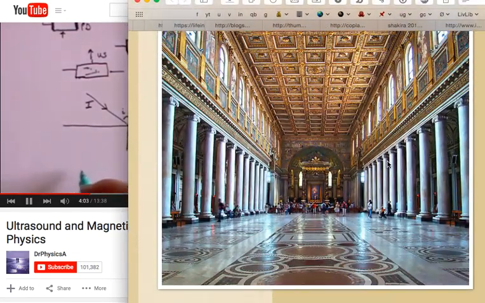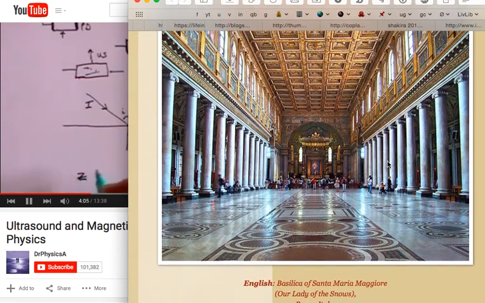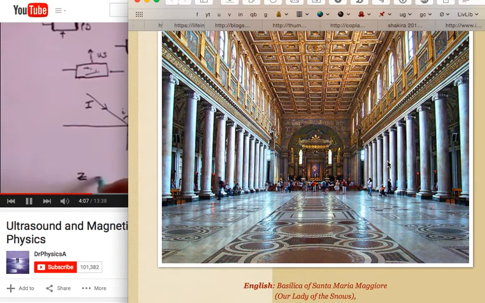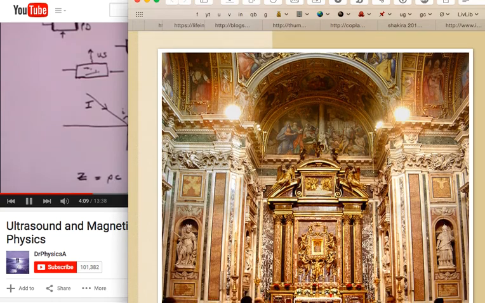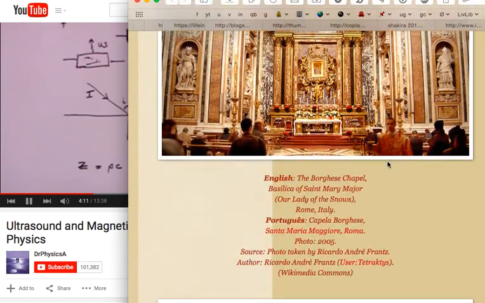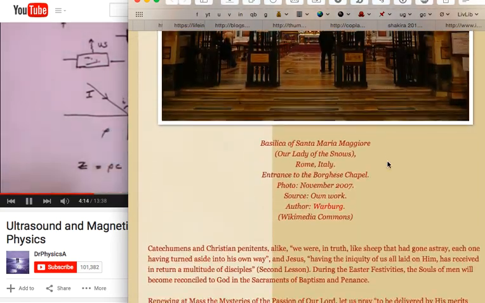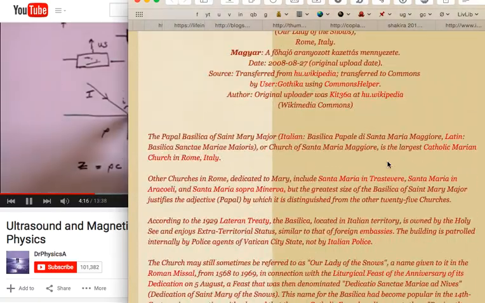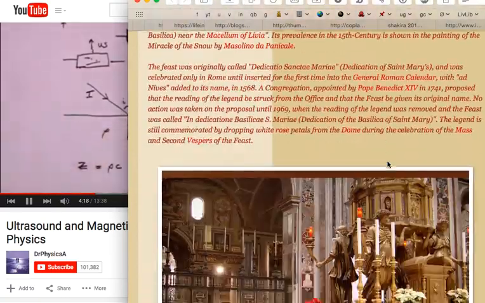Now there is a concept called acoustic impedance, which we give the letter Z, which is rho times C. Rho is the density of the medium, and C is the speed of sound through that medium.